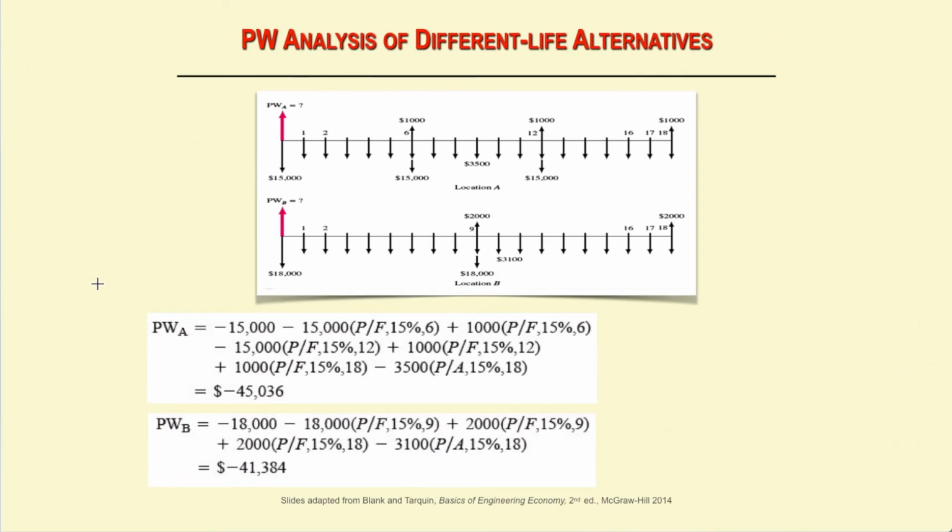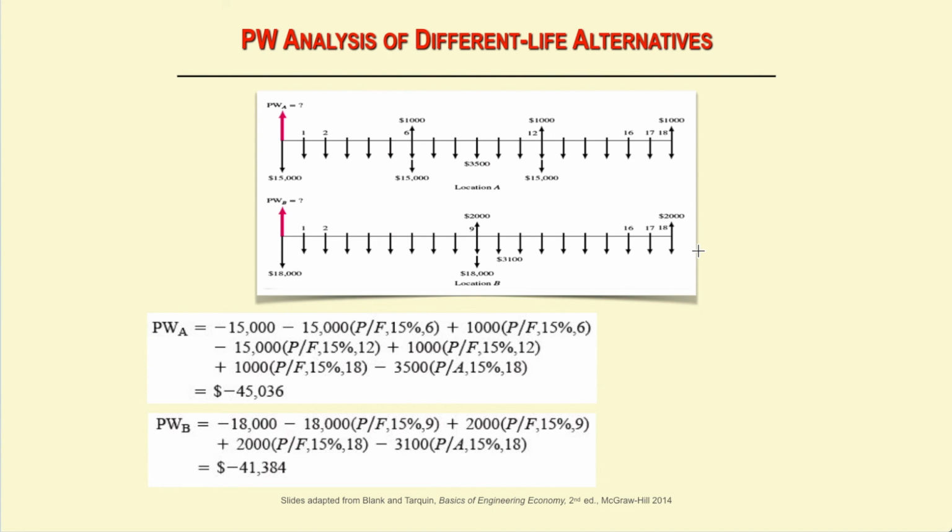So these are the cash flow diagrams of the alternatives over multiple life cycles. As you can see, the lifetime of location A is repeated twice, and the lifetime of location B is repeated once. So this altogether makes the total number of periods for the present worth analysis equal to 18 years.